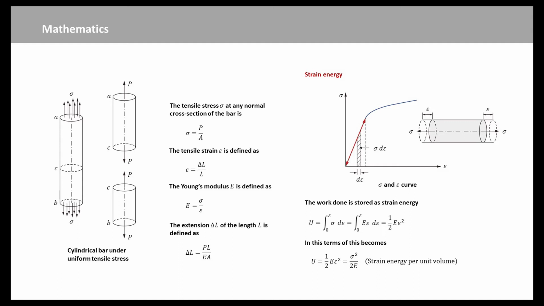The strain energy is directly recoverable on removal of the load, and the strain energy U, as the integration from 0 to epsilon, gives half of E times epsilon squared. We also know epsilon is equal to sigma over E, so substituting it into the strain energy equation, the strain energy can be rewritten as sigma squared over 2 times E.